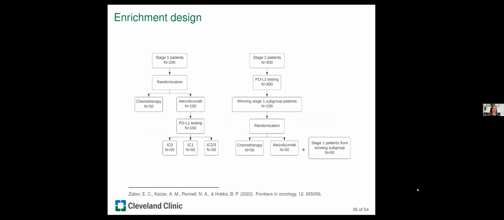And the third and last design I'm calling the enrichment design. In this design, stage 1 is the same as the pooled control arm design. And at the end of stage 1, we would select a winning stage 1 subgroup. This would be based on the subgroup that has the highest posterior predictive probability, subject to some lower bound.